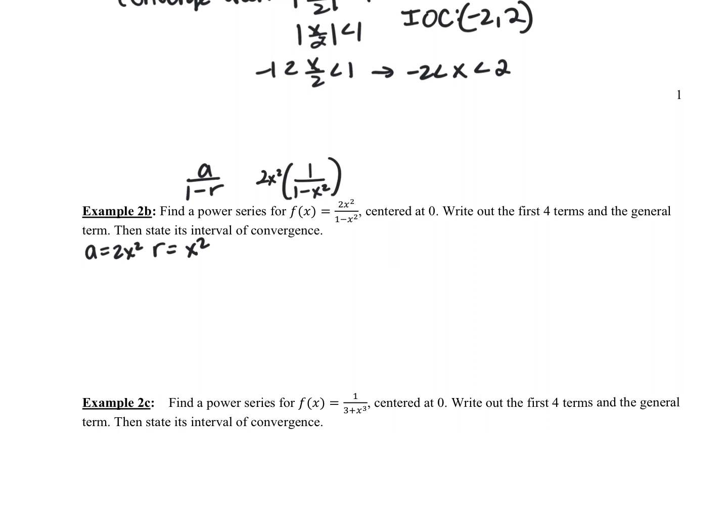So we're supposed to write out the first four terms, the general term, and then state the interval of convergence. So let's start with the general term. A is 2x squared. R is x squared. So A times r to the n is your general form for a geometric series.